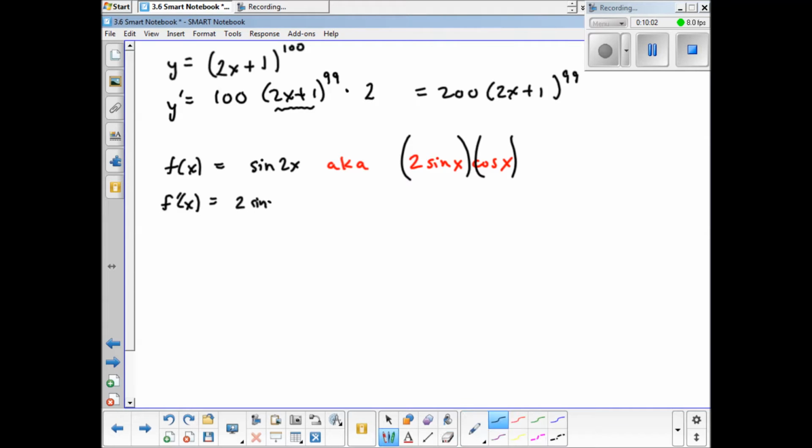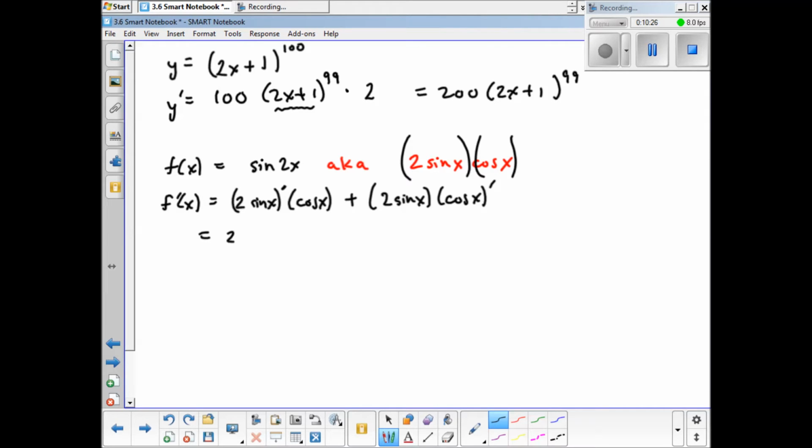Alright, so 2 sine x, we're going to take the derivative of that, times the second function plus the first function times the derivative of the second function. Okay, so this turns out to be, what's the derivative of 2 sine x?